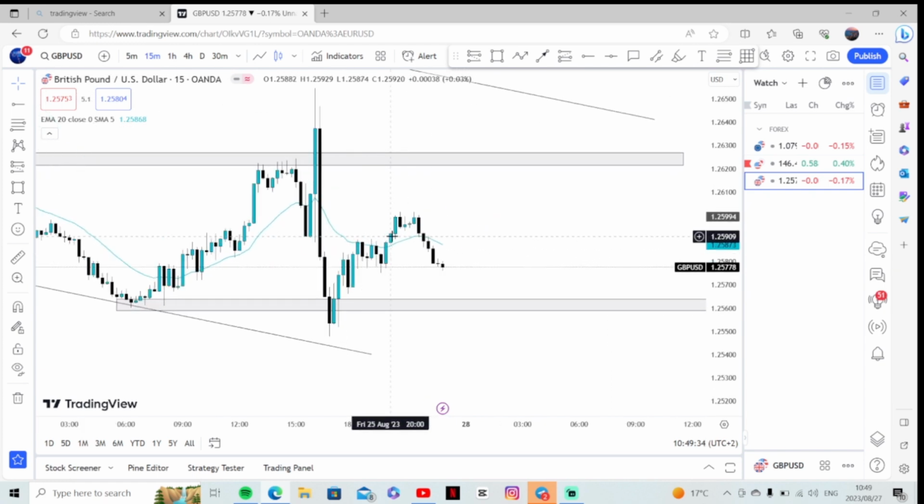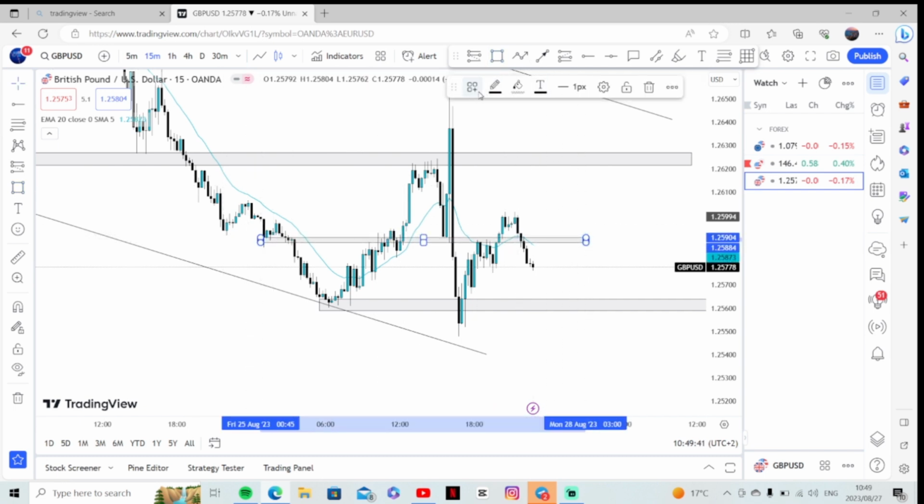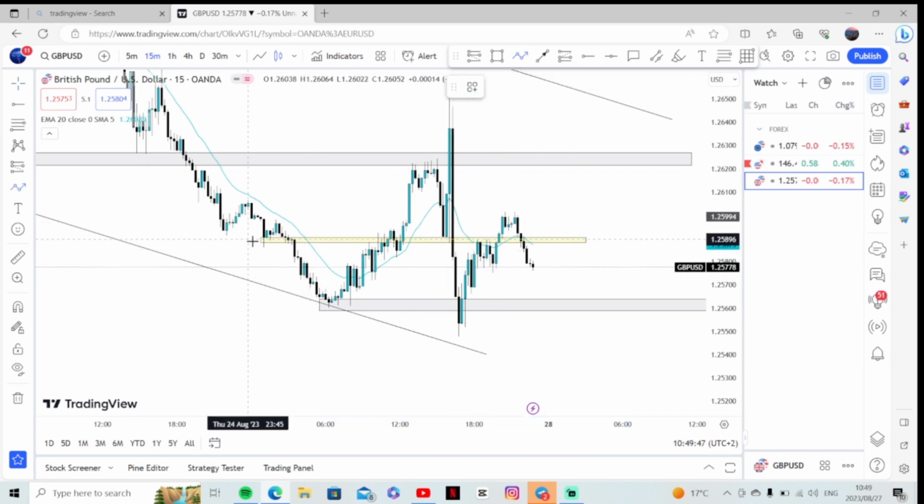On the 15 minute, we want to identify minor zones, right? Here's my minor zone. What makes it my minor zone? Because on the 15-minute time frame, it used this as support, broke through, hit around here, came back a little bit down, then broke it again, then came back down and used it as support to go back to the downside.